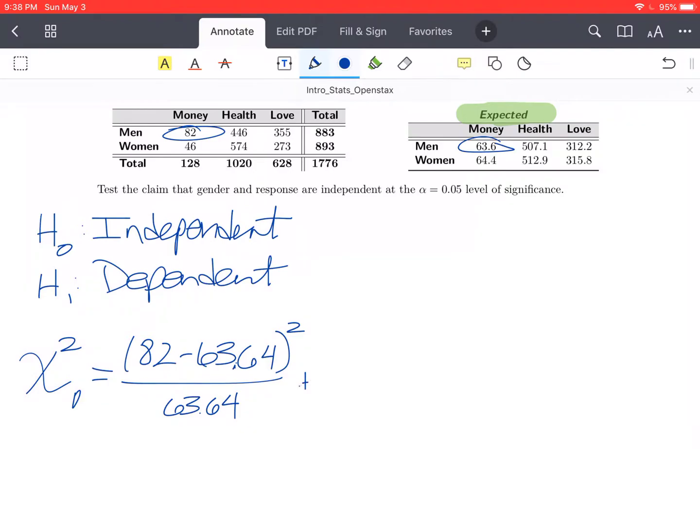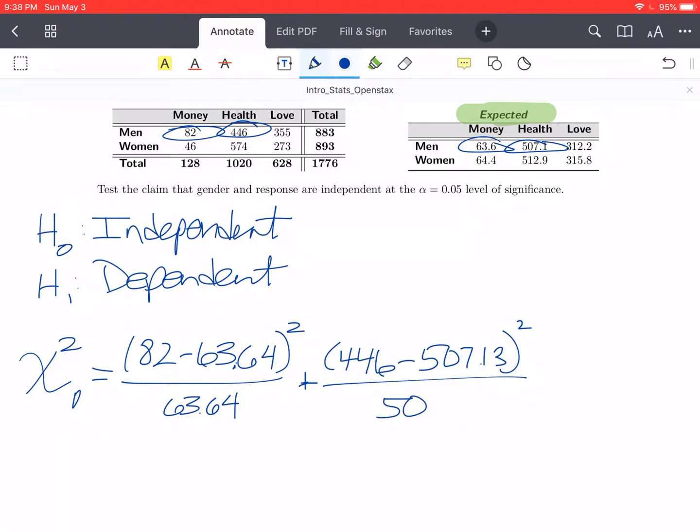Plus, next one, observed minus expected. Again, I'm using the one that we got with 2 decimal places. So squared over expected. And then plus, and we add up all the way. So we do this one and this one and this one until we get to that very last one.